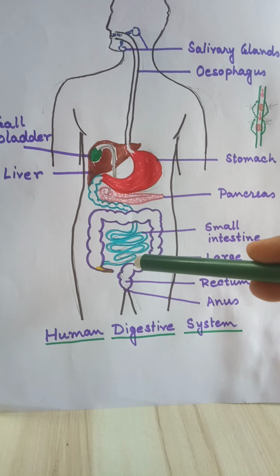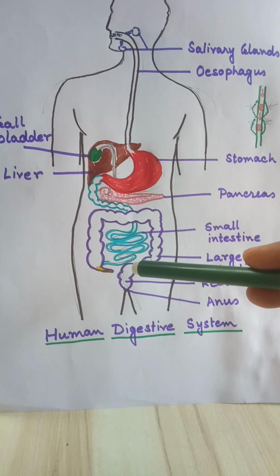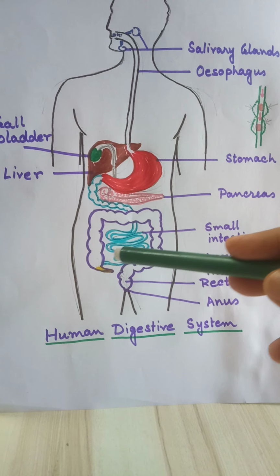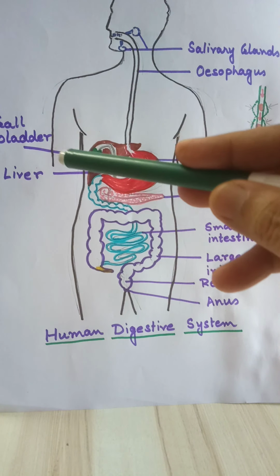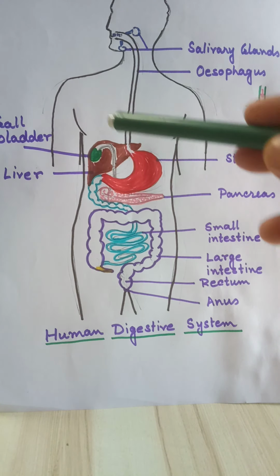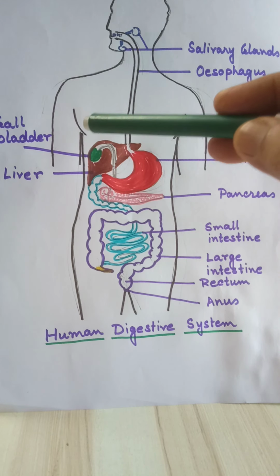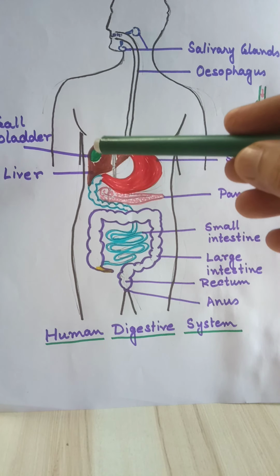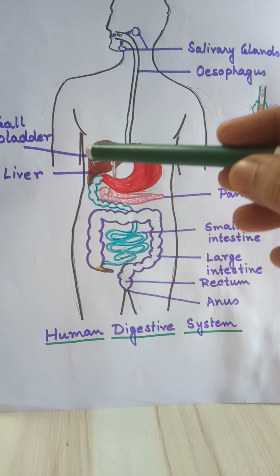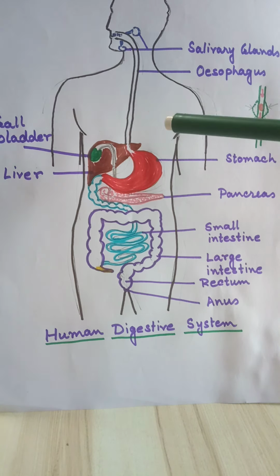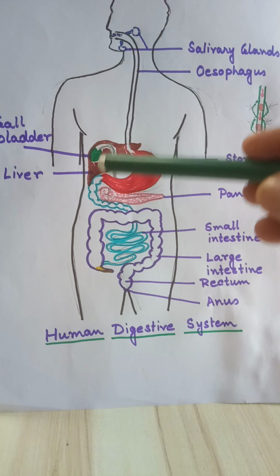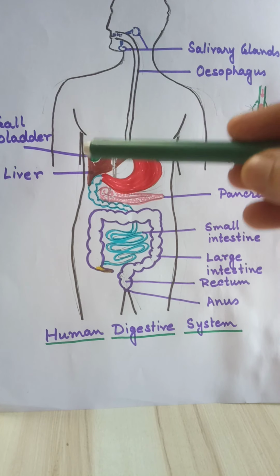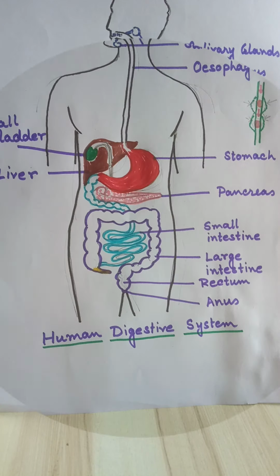Digested food is absorbed or enters into the blood. Through blood it is carried to all parts of the body or to the cells. Thus it enters into the cell and becomes part of the cell, which we call assimilation. Now cells are ready to use this digested food, and the food combines with oxygen and releases energy.